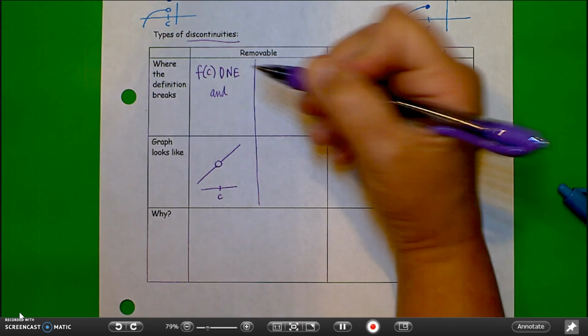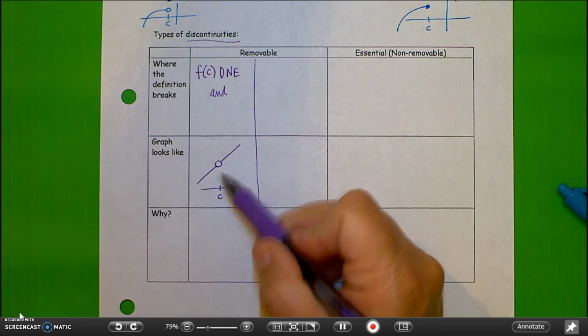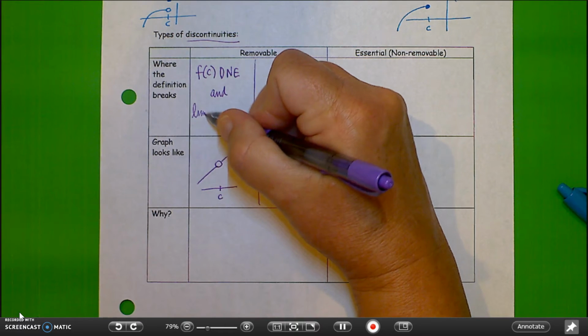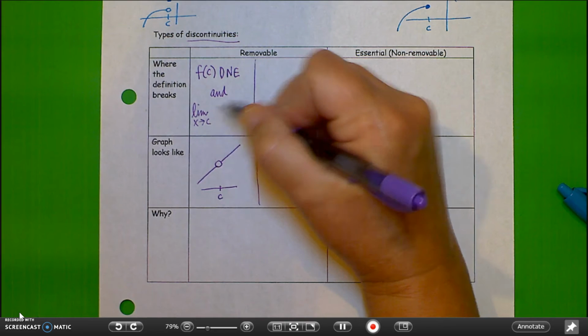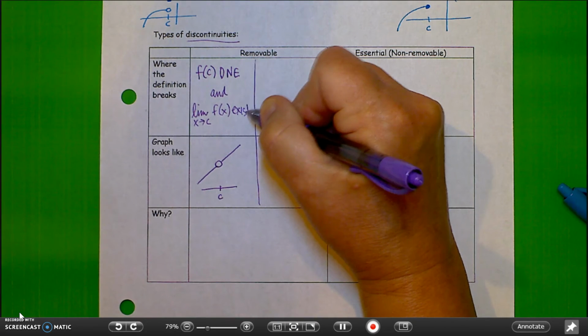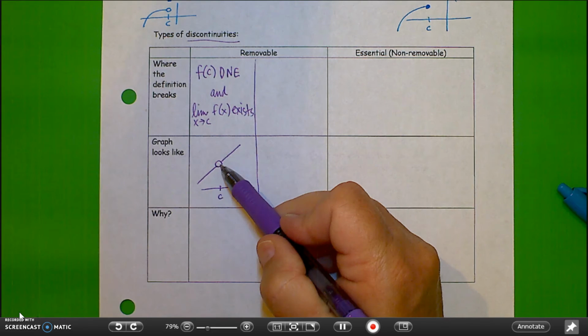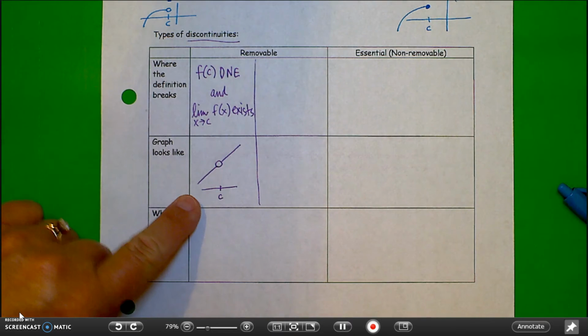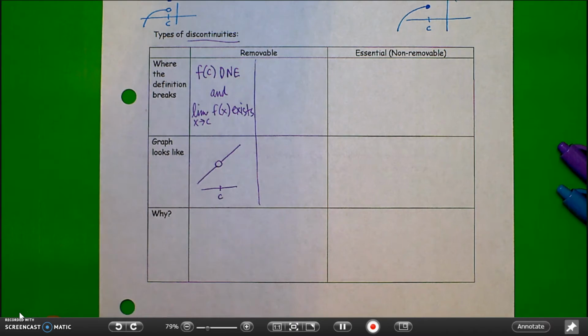And we also have to have that the limit as x approaches c of this function does exist. And in this case it does. The limit as x approaches c of f of x does exist, because it's the same from both sides. So we have f of c does not exist, the limit does exist for that graph.